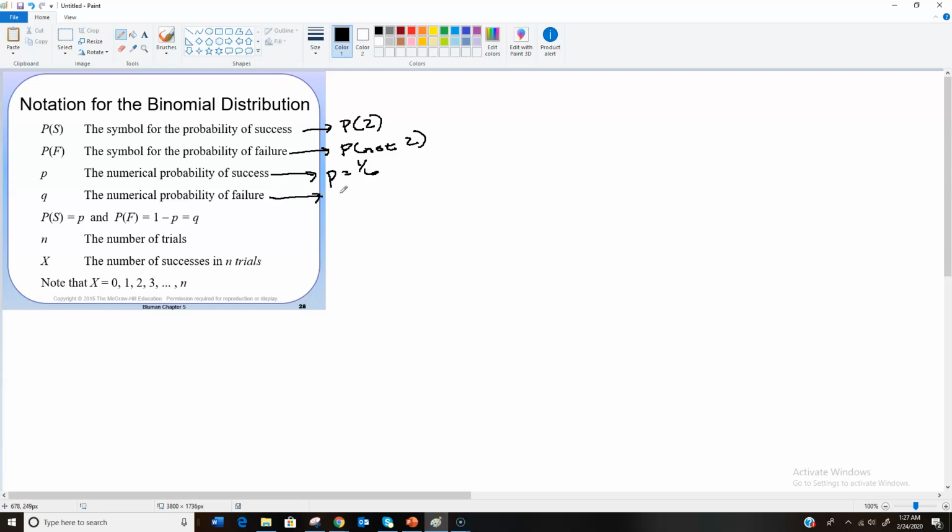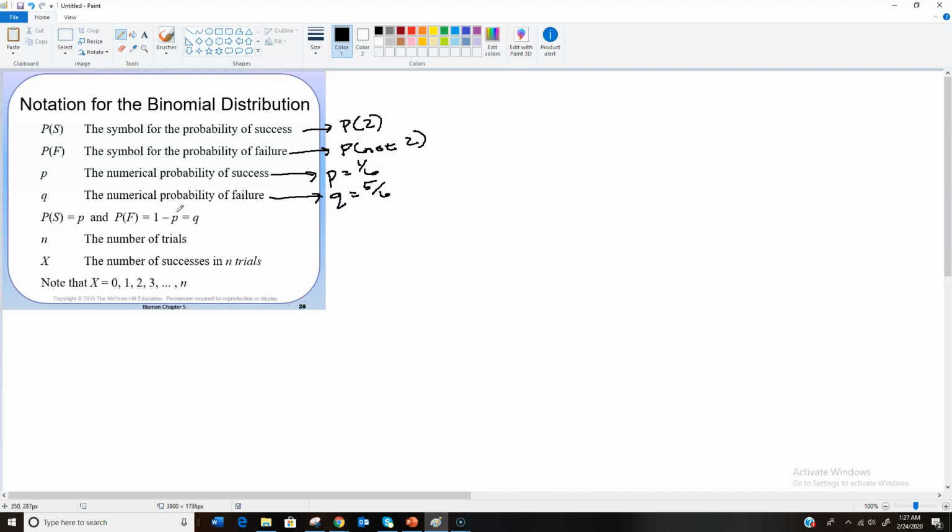And then our numerical equivalent of that would be 5/6, because if rolling a 2 has a probability of 1/6, then not rolling a 2, which is the complement of it, must have the probability that complements this to add up to 1. So 1 minus 1/6 is 5/6, or 1/6 plus 5/6 equals 1, however you like to think of that.